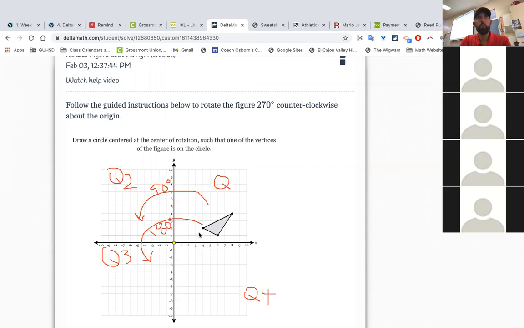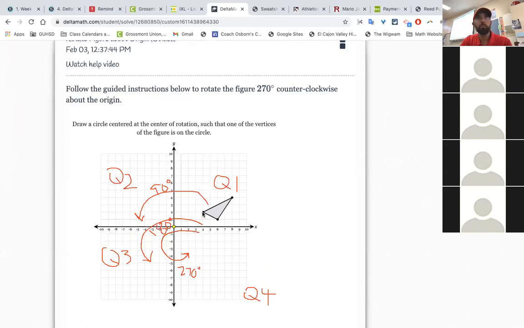Now if I go from here and rotate 3 quadrants, that's 270 degrees. So that's where I want this image to go, okay? And I want to use the same idea of tracing those points to get to that new one, all right? So can I turn that off and then focus on the points?